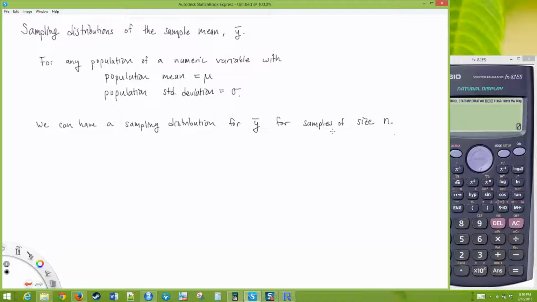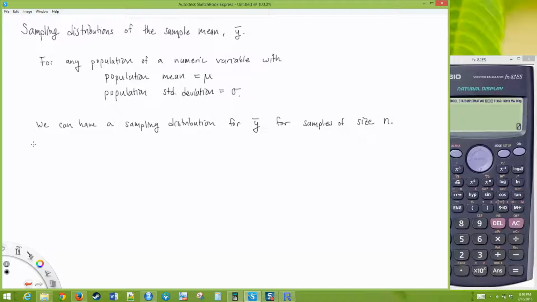Okay, so this is just kind of establishing where we are. We've got a population. The population has a mean of mu and a standard deviation of sigma. Okay, and now we're going to describe the sampling distribution of y bar, and we're assuming that we're limiting ourselves to samples of size n, whatever that will be.